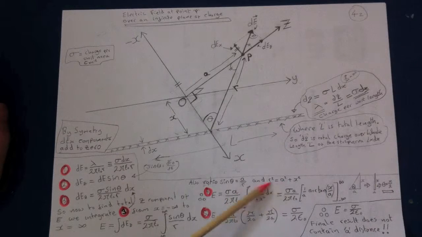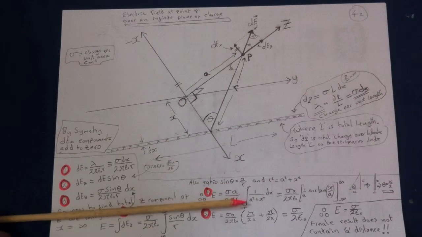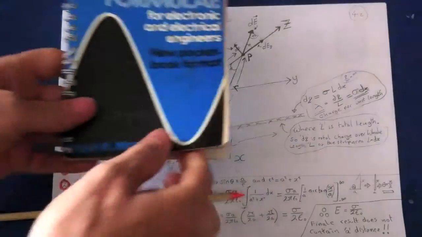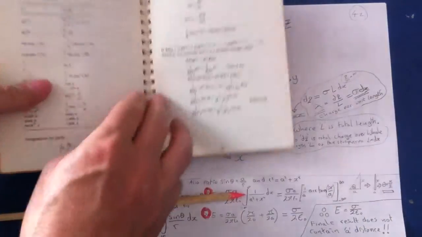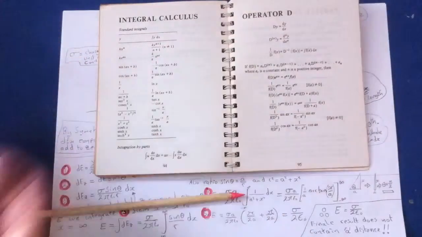Now, the main reason this substitution is done is that when you get the integral in this form, there's a standard lookup for that. We're going to use this book again. If you've got a book similar to this with your equations, it's quite useful, these ring binder ones, really nice.